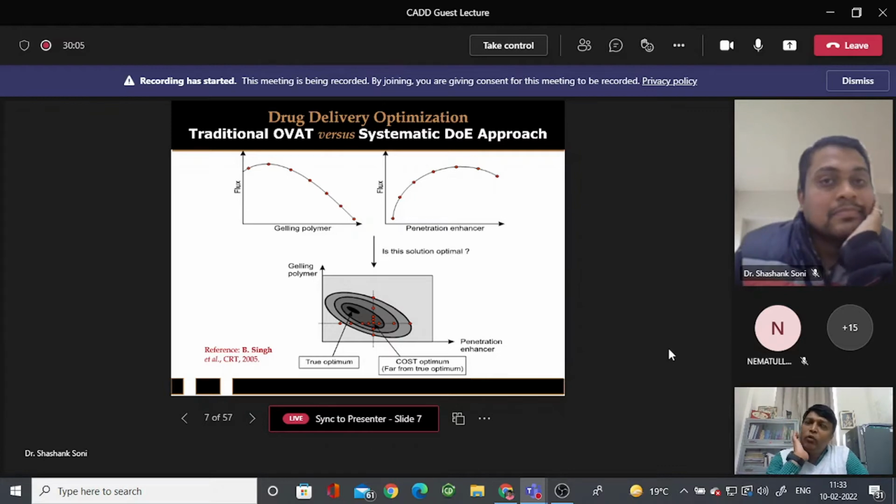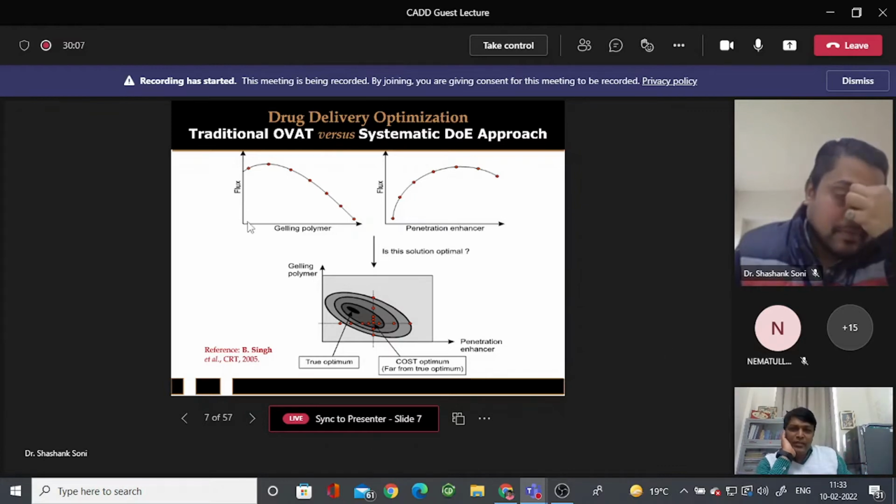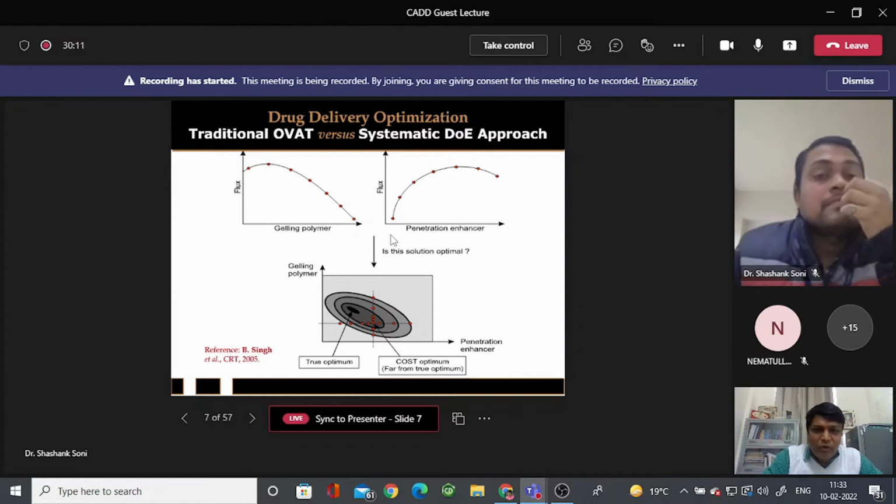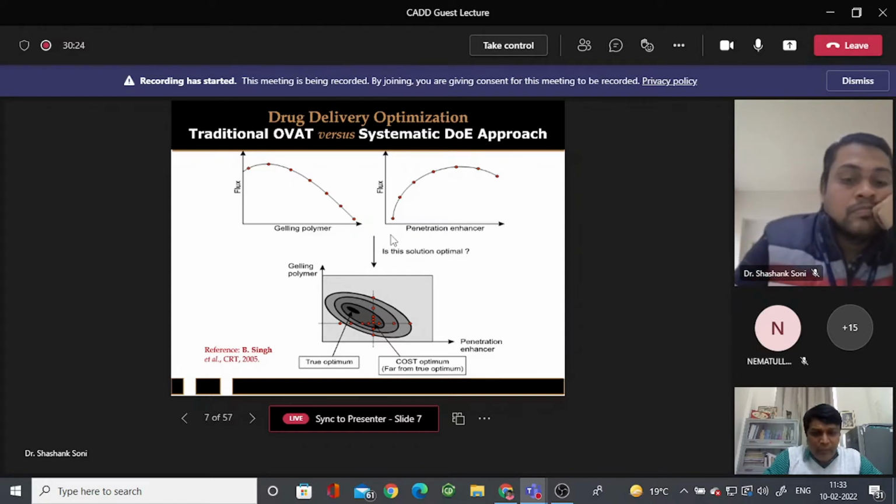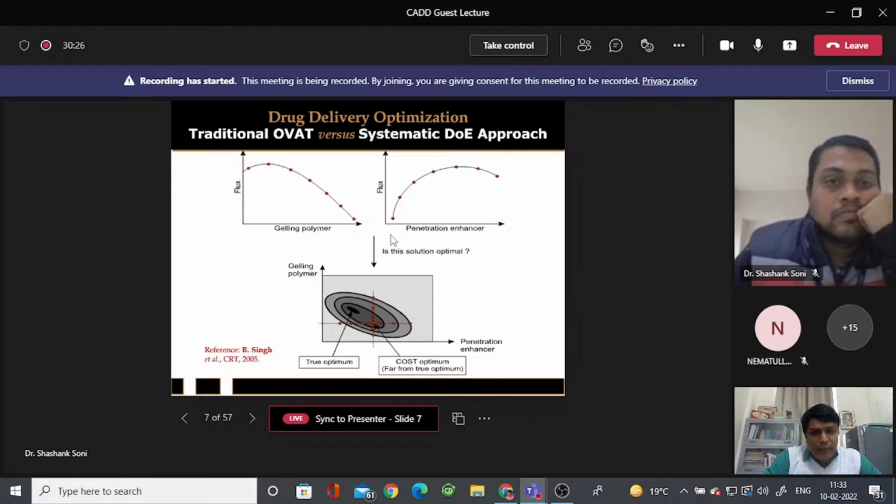You can understand from this graph that these graphs are not dealing with tablets. They are dealing with some topical product. It looks like these are topical products. Non-anionic surfactants like polysorbates are okay, they are well tolerated by the body.